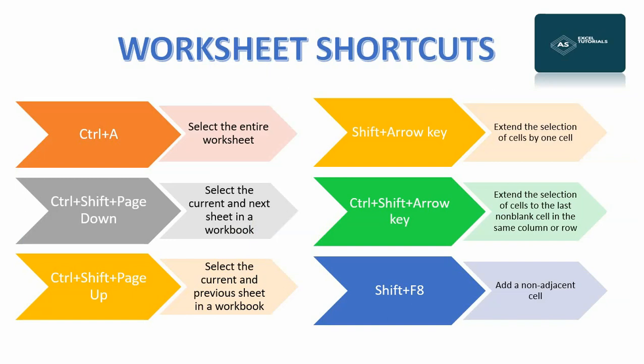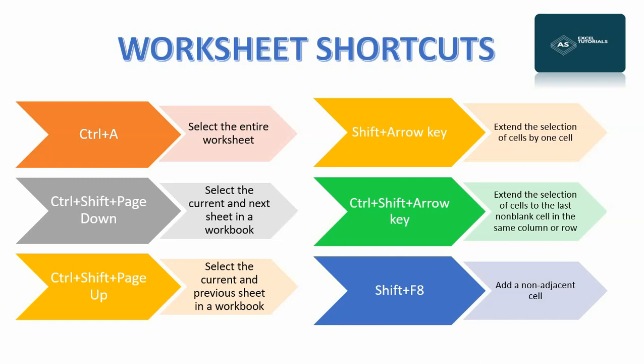Now comes the worksheet shortcuts. What if you want to select the entire sheet? Press Ctrl A. Select the current and the next sheet in a workbook: Ctrl Shift and Page Down. Select the current and previous sheet in a workbook: Ctrl Shift and Page Up.